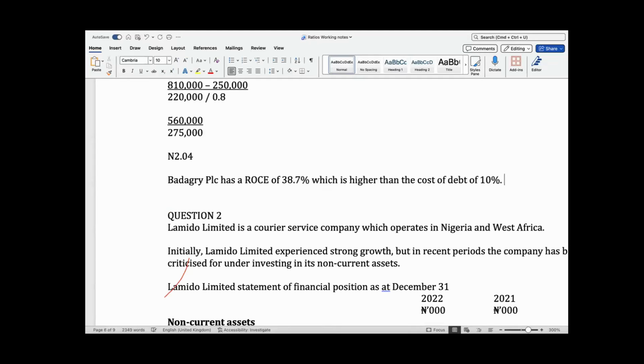But that's that time, right? But as far as now is concerned, this company funds its operation from equity and takes very little. So this company is not exposed to any financial risk. I mean, 8.2%. That's good.